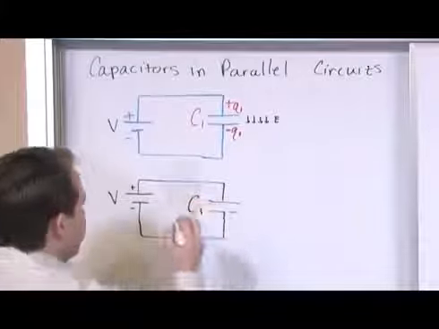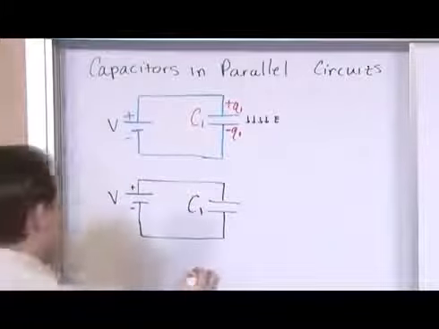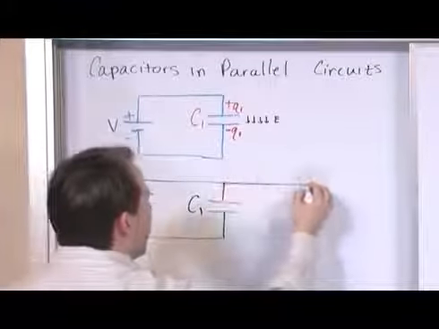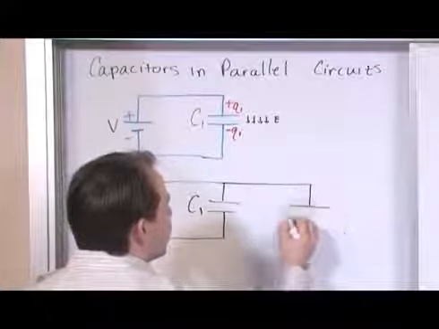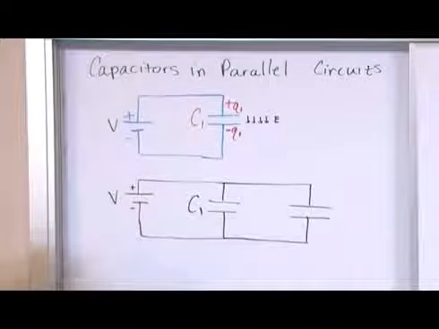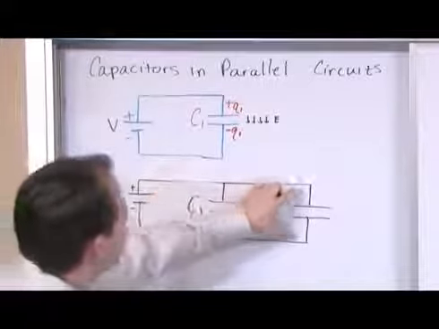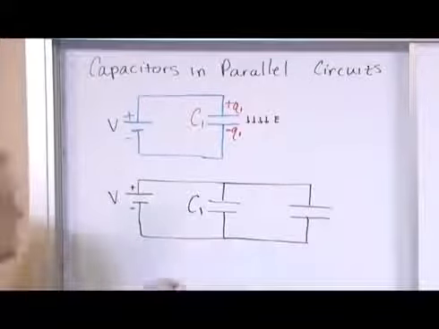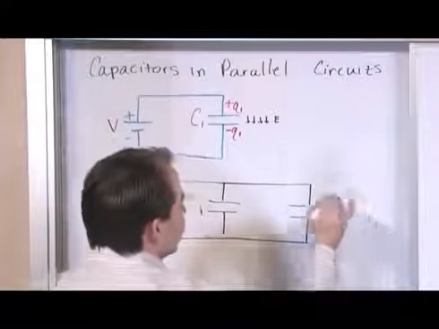So I have C sub 1, and I'm going to add another capacitor. We're going to say this is in parallel. When you see two capacitors lined up like this, that's what's called in parallel. So that's what we're studying in this section. So this could be capacitor C sub 2.